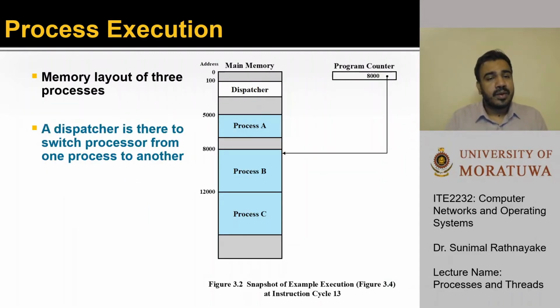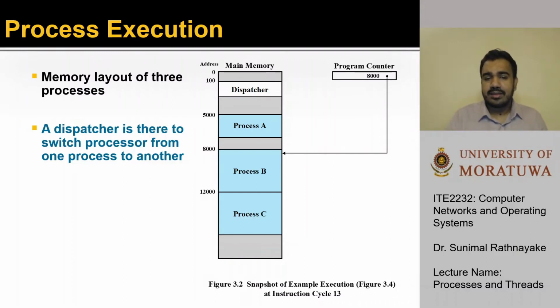In the process execution, this is the memory layout for three processes: process A, process B, and process C. You can see that the address range starts from 0 and the dispatcher is at address 100. So it is actually another program, but it has a special purpose.